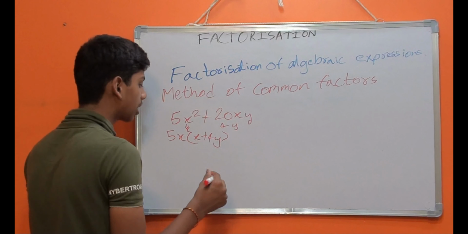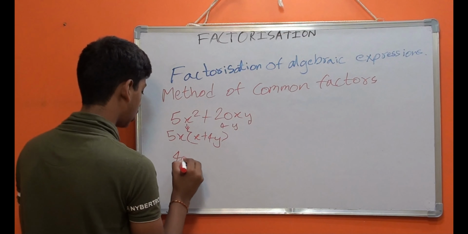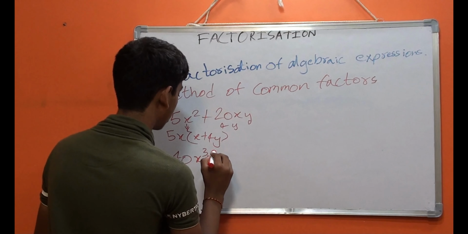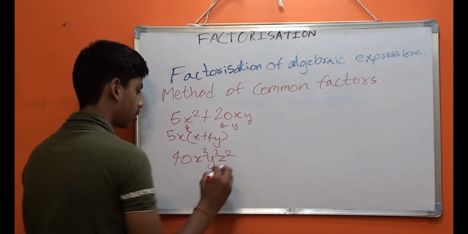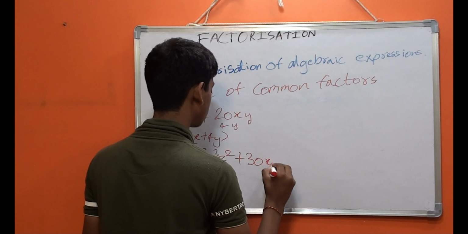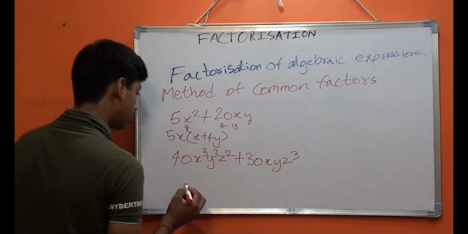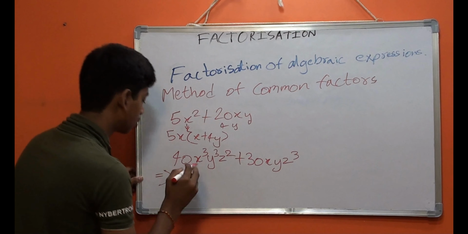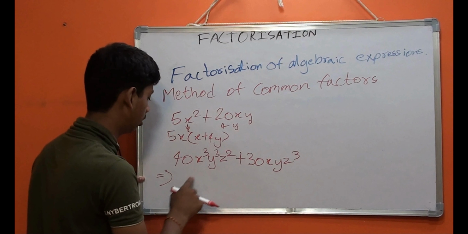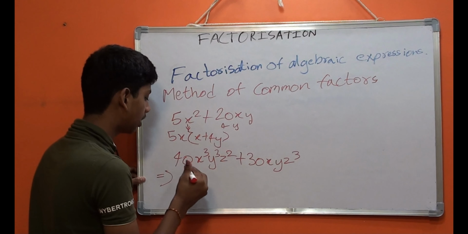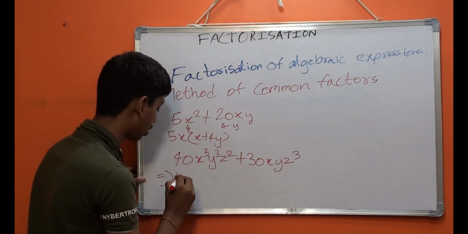Now let's do one more example. Let's take 40x cube y cube z square plus 30xy z cube. So this is the expression. Now we will simplify it. In the numerical part, we have 10 in common in both.